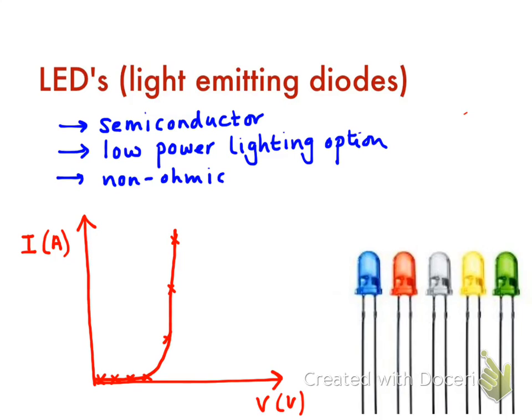At low voltage, we get no current flowing at all, and then all of a sudden, at a particular voltage, current then starts to flow. And that's a classic profile of a diode, and an LED is no different. But you can clearly see that that's a non-linear relationship. The resistance obviously changes, and so that's a good example of a non-ohmic conductor.